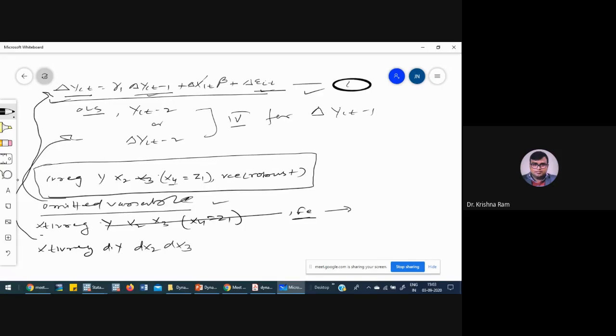Then the endogenous variable, d.l.y, equal to the instrument variable.